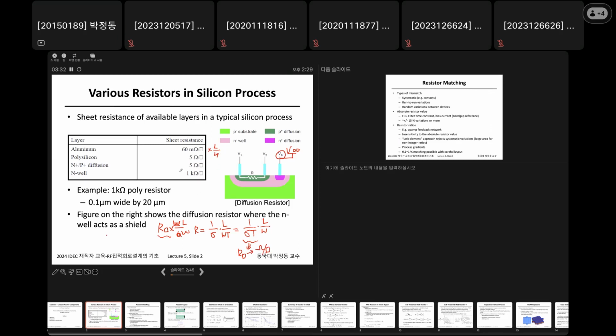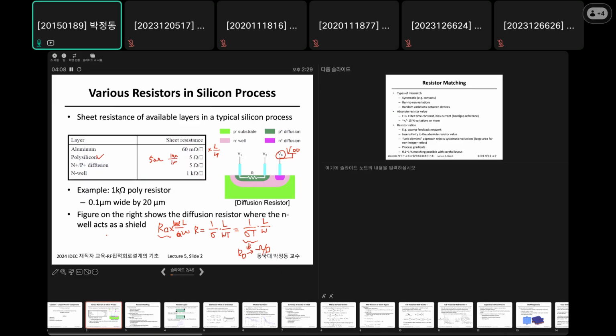So make sense? Okay. Also you guys need to memorize the ballpark number of each resistive layer, right? Typically we use polysilicon, which is 5 ohm per square. So let's say you want to implement a 50 ohm resistor, then length is 10 micron and width is 1 micron, then it becomes 50 ohm, right?